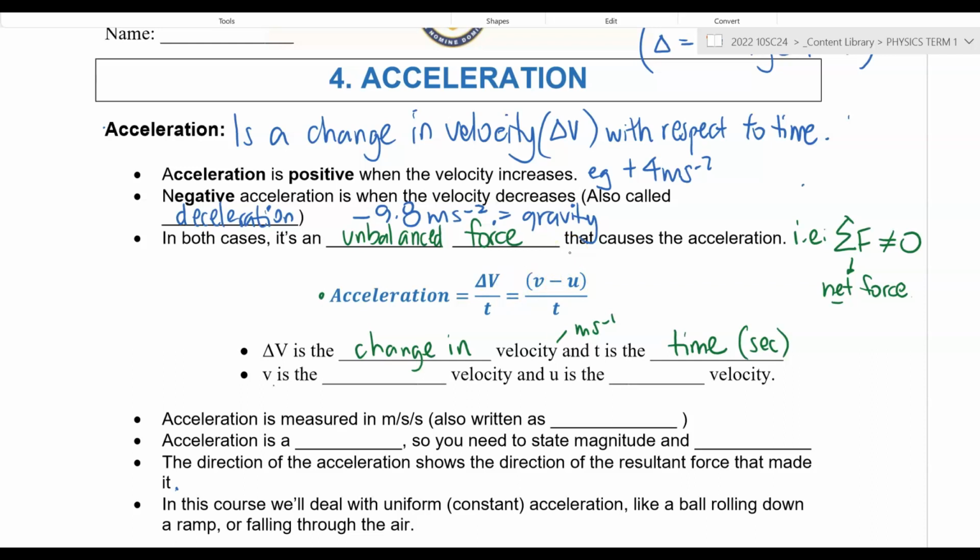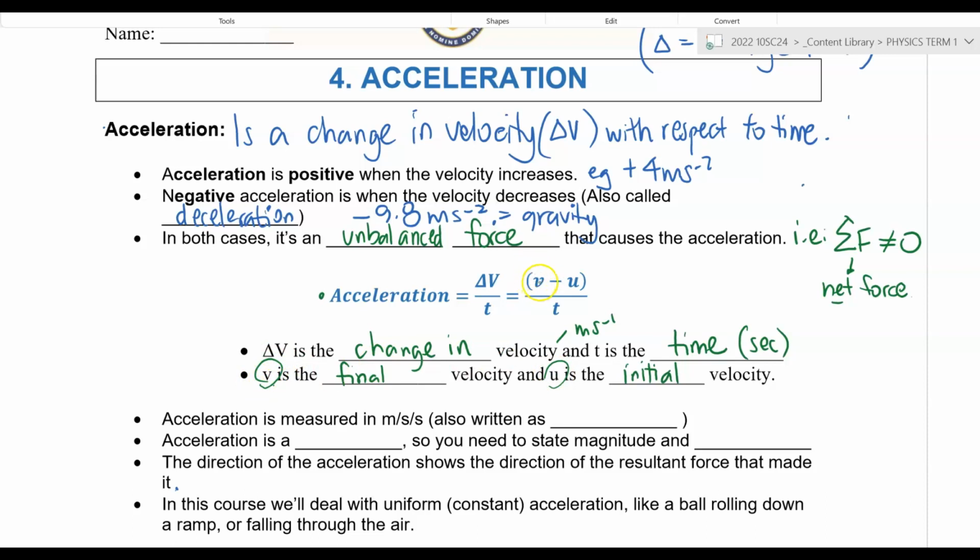And v is the final velocity. In other words, the velocity of the object when you've finished observing or finished measuring it. U is the initial velocity, so the velocity of something when you first start measuring it. I always like to remember it: U comes before V in the alphabet, so U is the initial, V is the final.